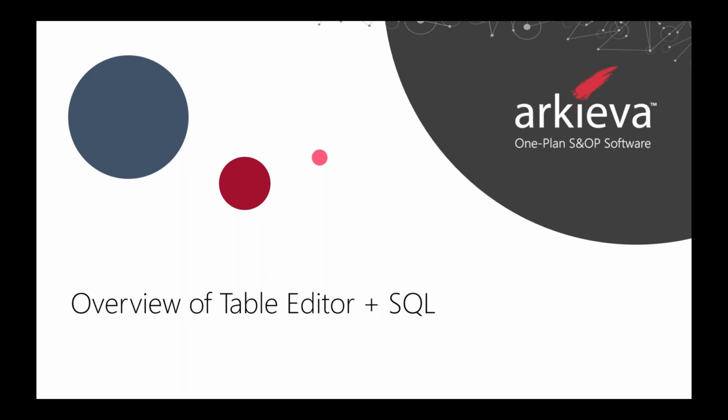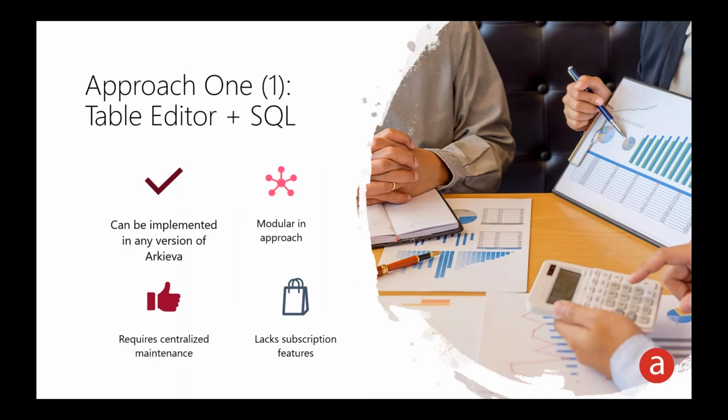But I want to talk at least for a moment about the pros and the strengths of each system, right? So starting with a tier-based approach, what you're going to find is in order to set this up, well, first off, it can be used in any version of Archiva, right? You're not bound by having to be in version 4.8 or later. So it's available right now to everyone.